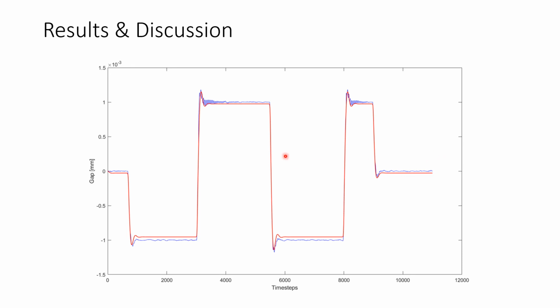In this slide you can see the output of the trained neural network. The blue graph is the measured signal from the system, and the red graph is the prediction from the neural network.